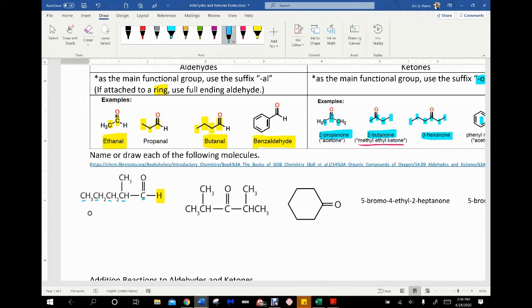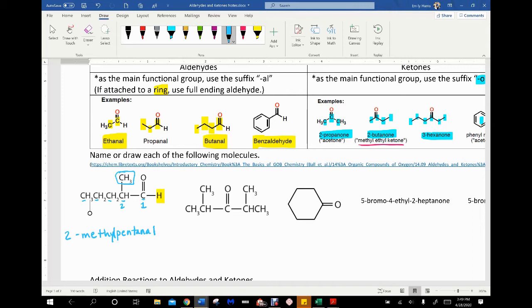So this is going to be a pentanal, if you will. 1, 2, 3, 4, 5. So this is pentanal. And again, we don't have to tell which carbon the aldehyde is located on, since it will always be the first. But we do have a methyl group that's hanging out on the second carbon there. So this will be 2-methyl pentanal.